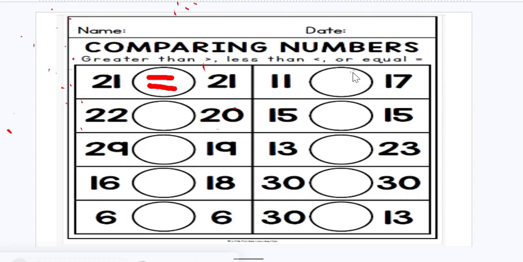Remember, the alligator, the Pac-Man, eats the big number. So we know the big number is what? 17. Because 17 is bigger than 11 on our number line, and it's pointing to the little number. Okay? So that's how you find out which sign you use: greater than, less than, or equal to.